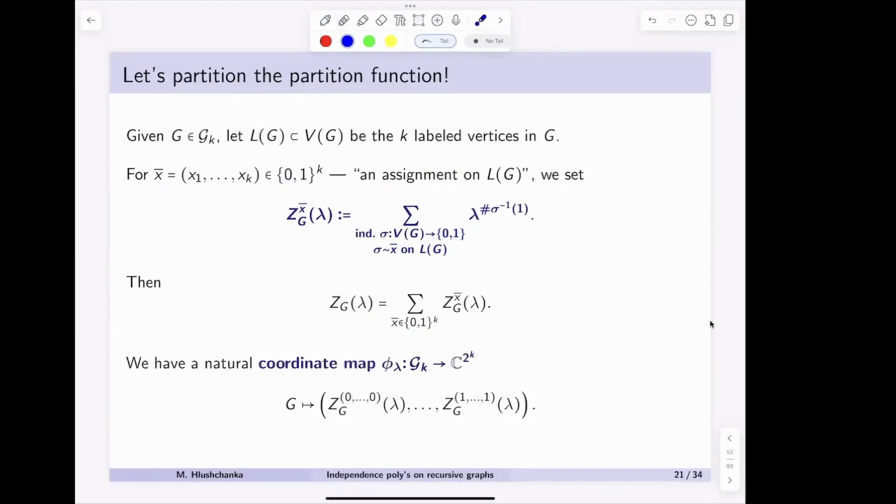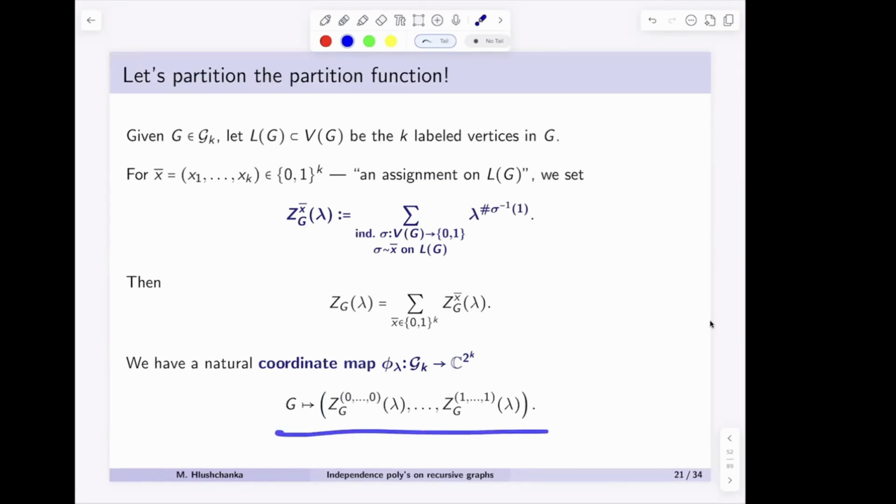So basically, now we have a natural coordinate map from the set of graphs with k labels to the 2 to the power k dimensional complex space, where for each chosen k-tuple, in particular for the zero tuple, you just look at the value of the corresponding subpartition function at the given complex parameter.